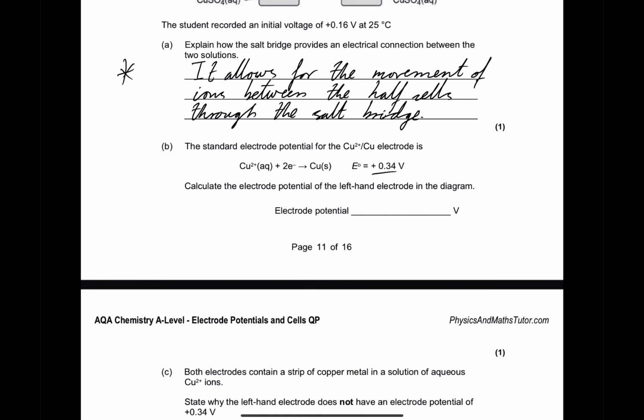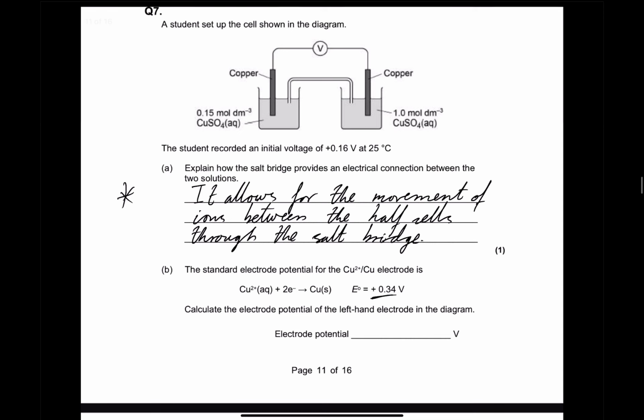The standard electrode potential for the Cu2+/Cu electrode is plus 0.34 volts. Calculate the electrode potential of the left-hand electrode in the diagram. Okay, so we need to understand what's being oxidized and what's being reduced here.